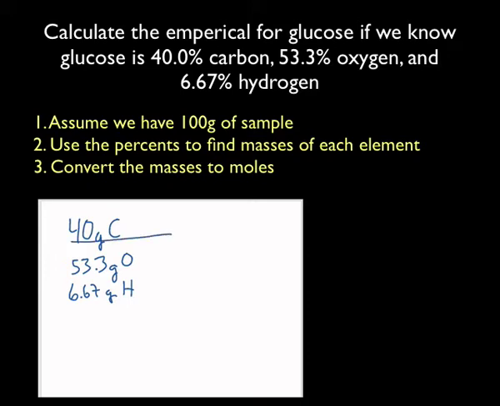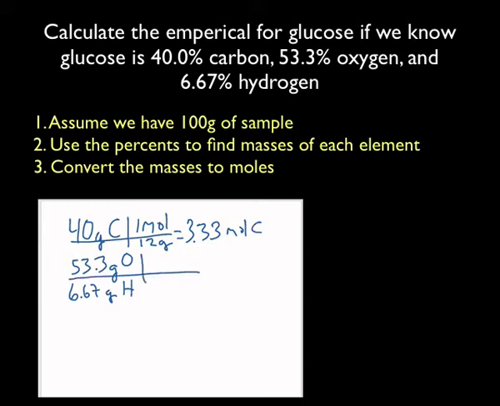To convert the carbon into moles, we take 40 grams. We know that 1 mole of carbon is 12 grams. And we do the calculation, and we find 3.33 moles of carbon.